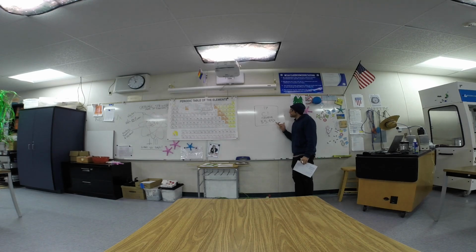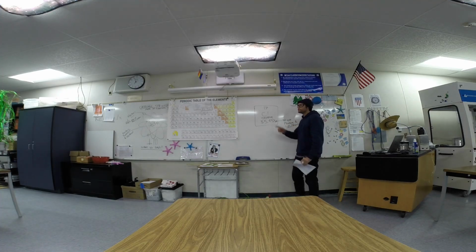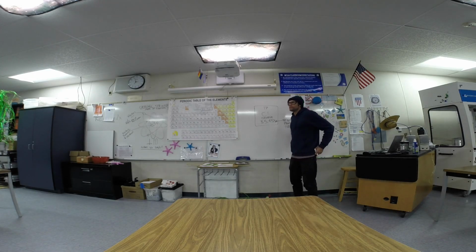If this atomic mass tells you how many protons and neutrons there are, and both of those have an atomic mass of 1 AMU, how do you get 35.453? How can there be a decimal if it has to be whole numbers?